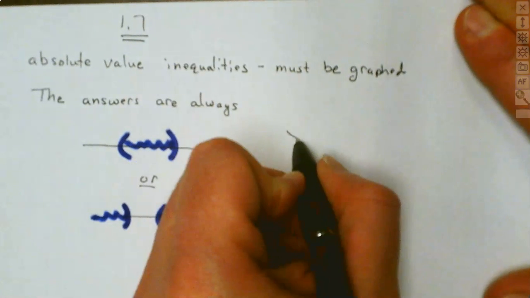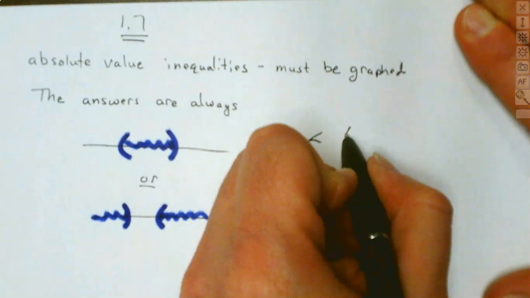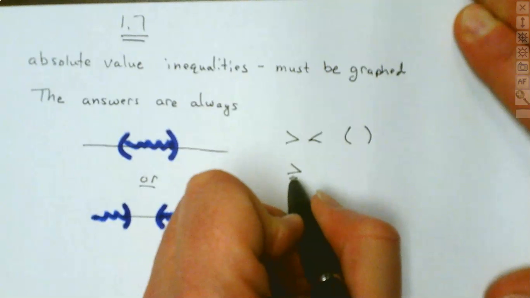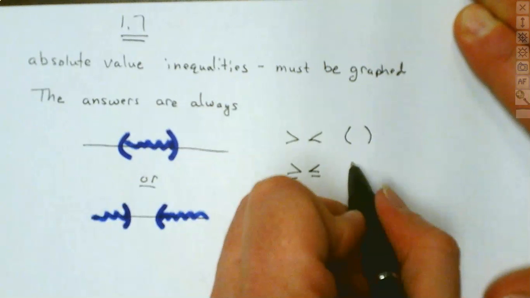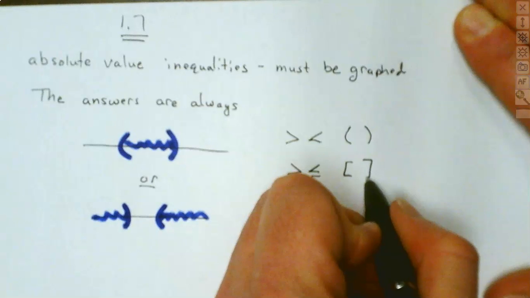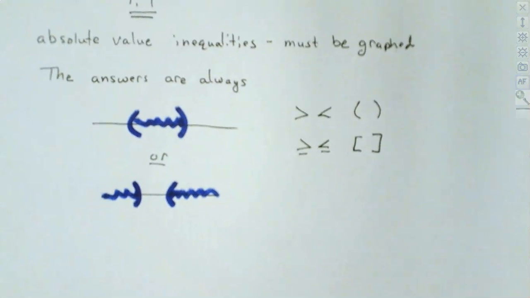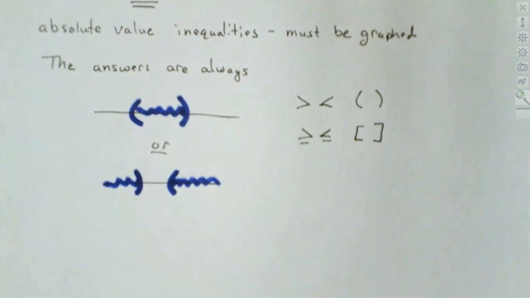And remember, greater than and less than get parentheses. Greater than or equal to and less than or equal to get square brackets. So when we go to graph these, we have two different answer choices. Either you shade the middle or you shade the ends.